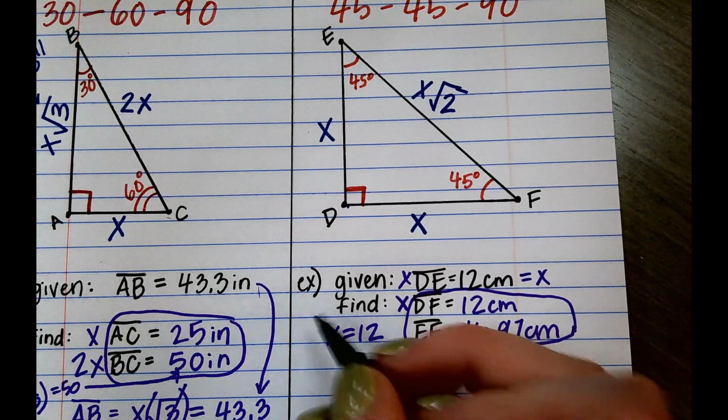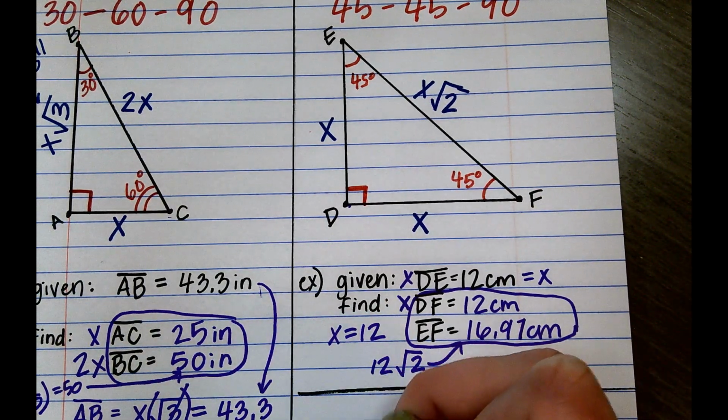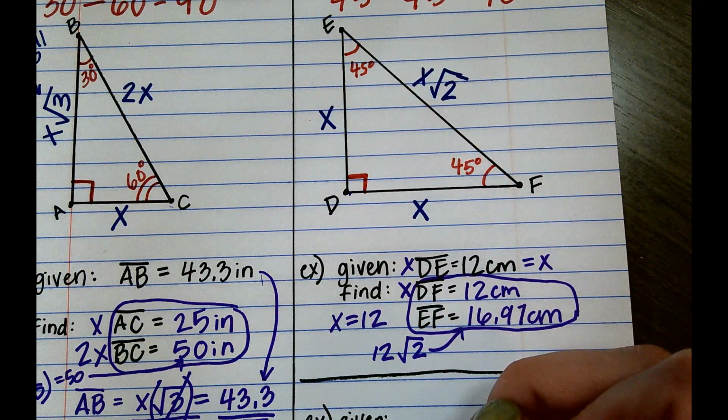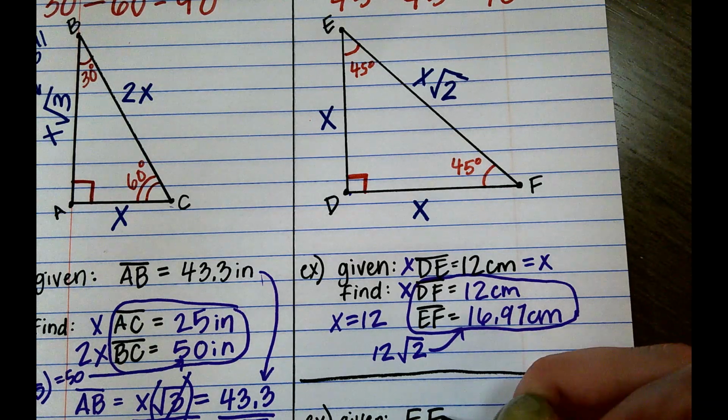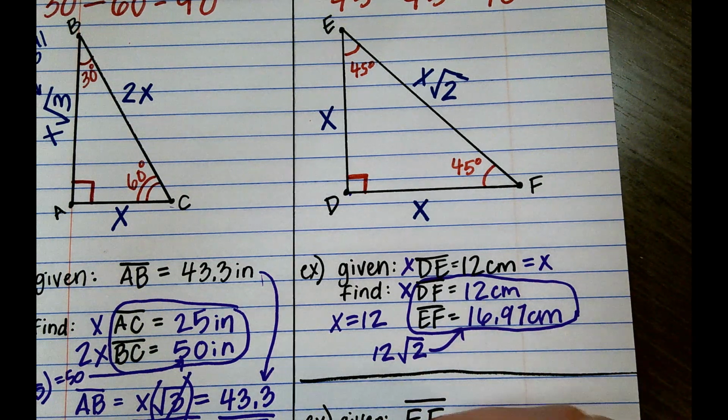One more with the 45, 45, 90. Let's say this time I tell you, giving you that EF is 36 inches. You need to find DE and DF.